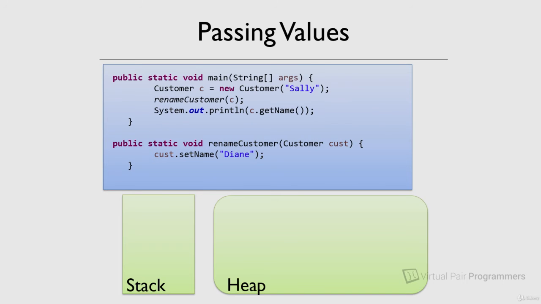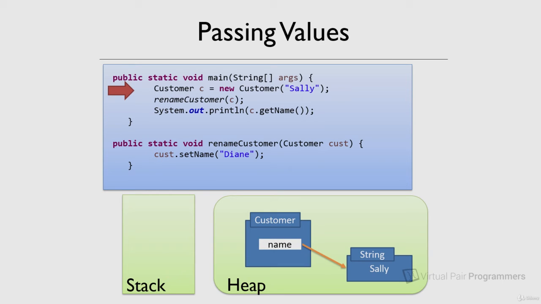So let's talk through this example. First of all, we have a line that creates the new customer object. The constructor of the customer takes a string. So the first thing that happens is that a string will be created on the heap. Then the customer will be created with a property that references the string object.